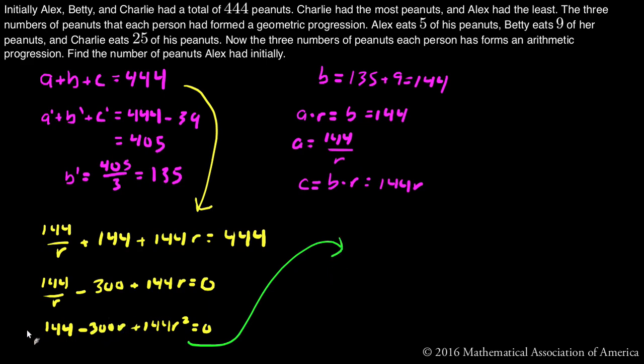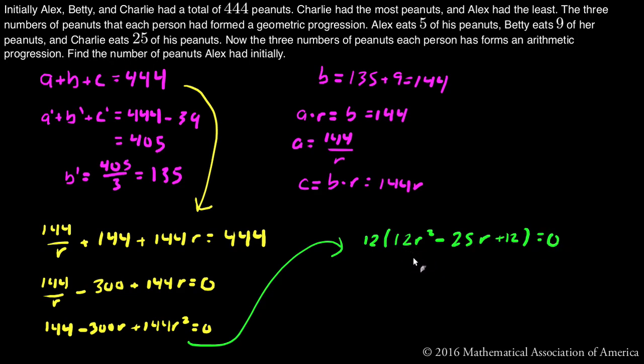I factored out as much as I could as a monomial. I see that 12 goes into 144 and 12 goes into 300, 25 times. I rewrote this in standard form, which gives me 12 times 12R squared minus 25R plus 12 equals 0.